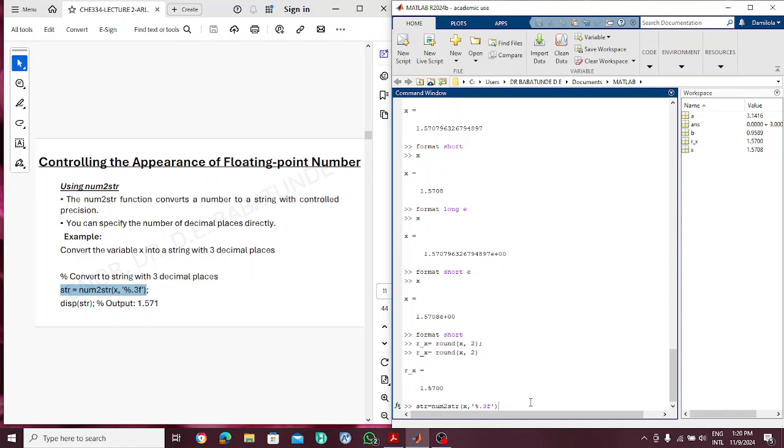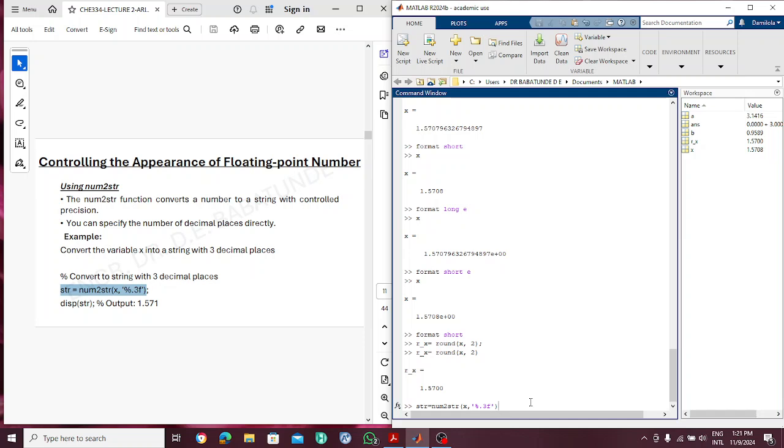The specifier in this case is %.3f. The f here is saying we are looking at a floating number, and the percentage sign before it is telling us that this is a specifier. Then the .3 is saying that we want to have 3 decimal places.